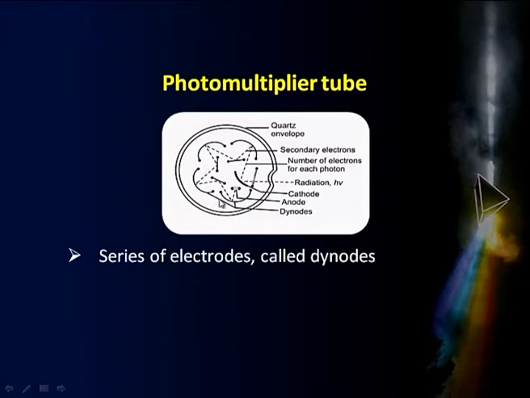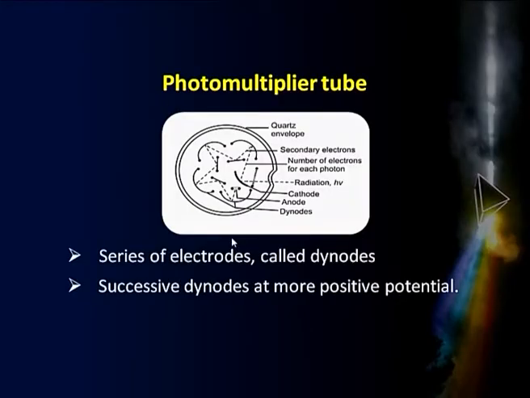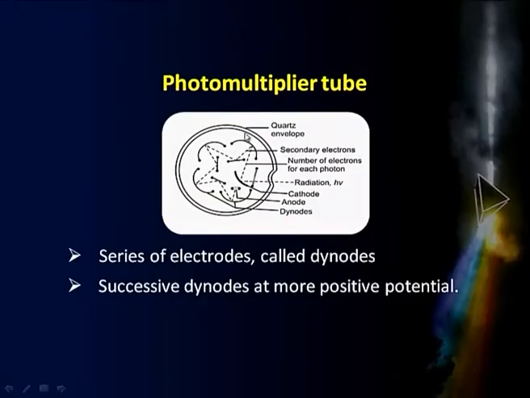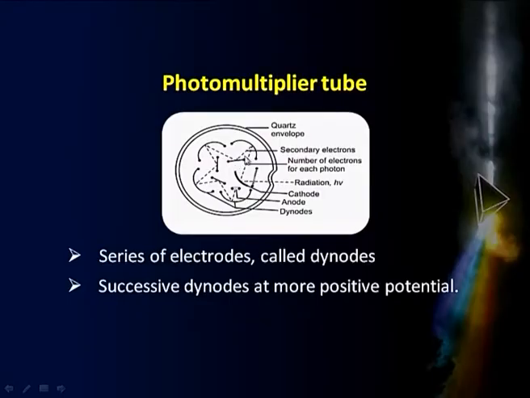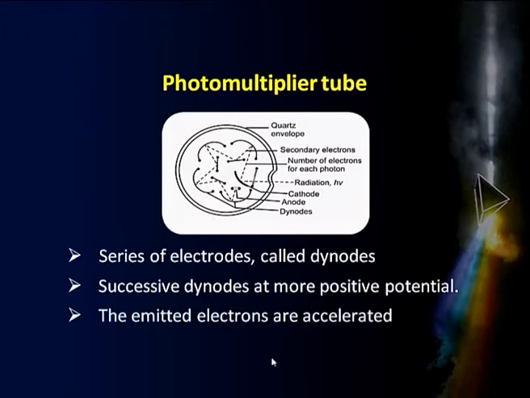These curved things here are the diodes, and in this photomultiplier tube, these diodes are kept at successively higher potential. That means diode 1 will be at a certain potential, number 2 will be at a higher potential, and so on and so forth. I am just showing 4 or 5 of them. Each successive diode has a higher potential, and the reason is this.